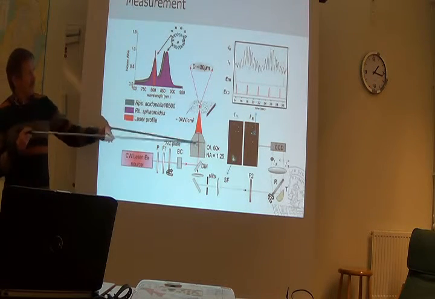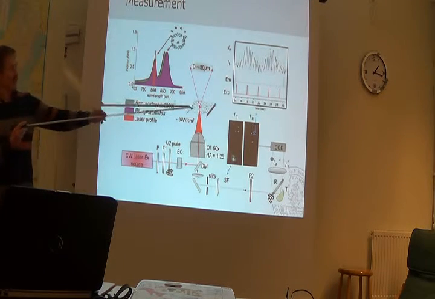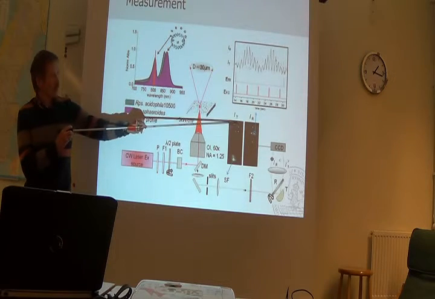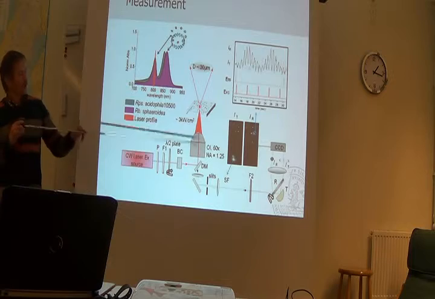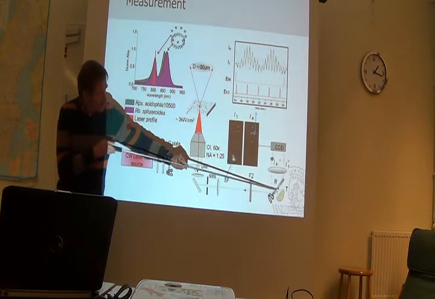Here it's a low concentration sample, so that on your screen you can separate different spots which correspond to different single LH2s to detect the fluorescence. You rotate this analyzer here.